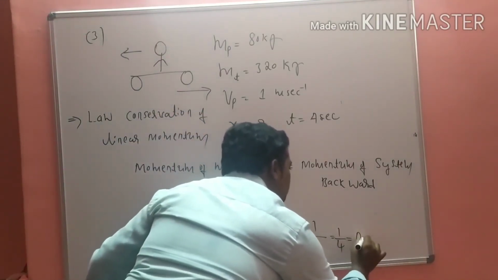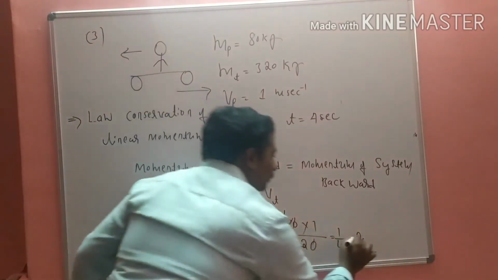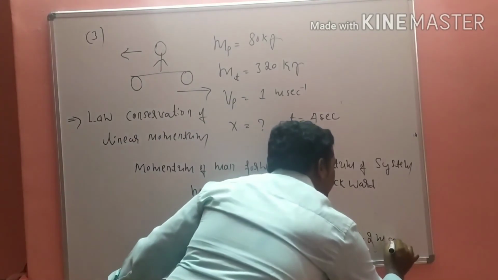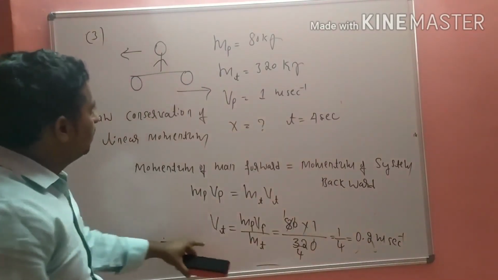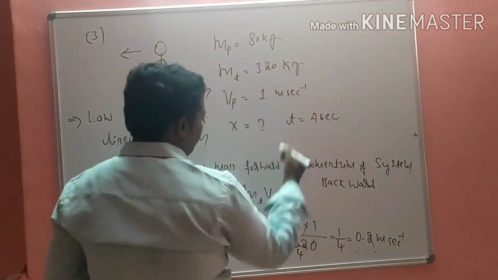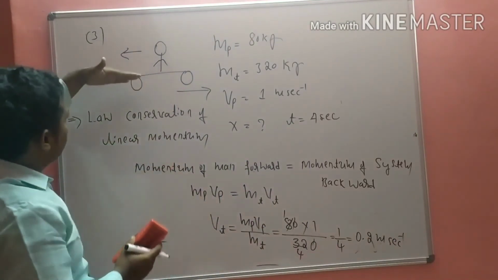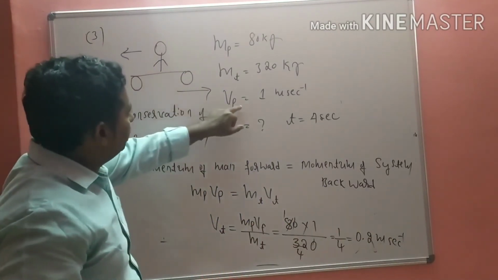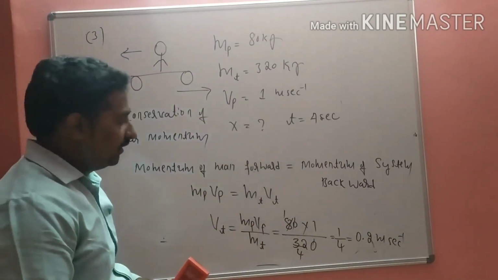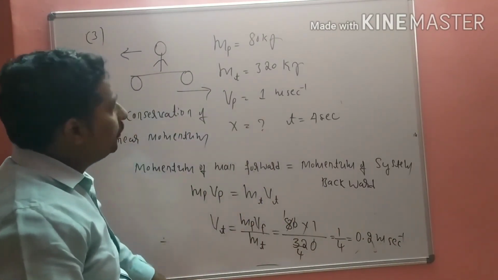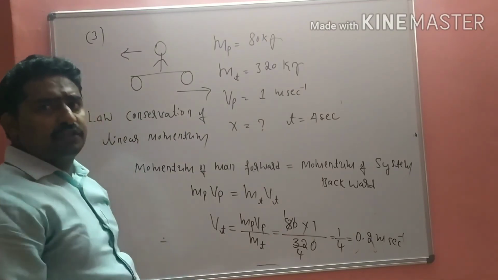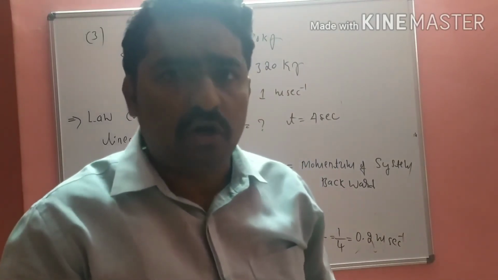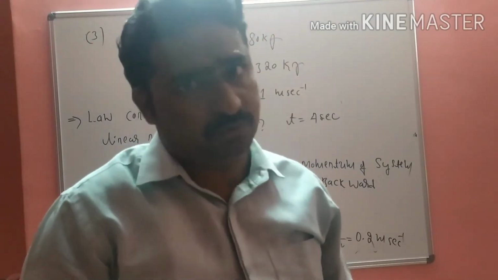The answer is 0.25 meter per second. The speed of the person is 1 meter per second. That means the relative velocity of the person with respect to the ground, because the relative velocity of the trolley with respect to the ground is 0.